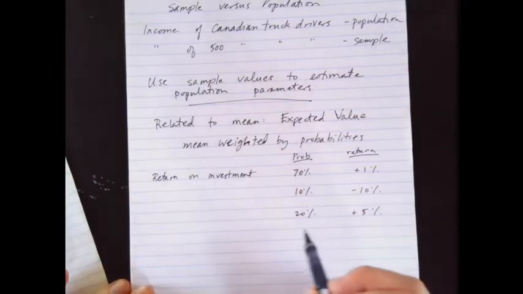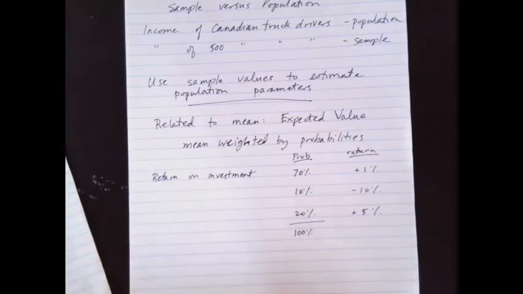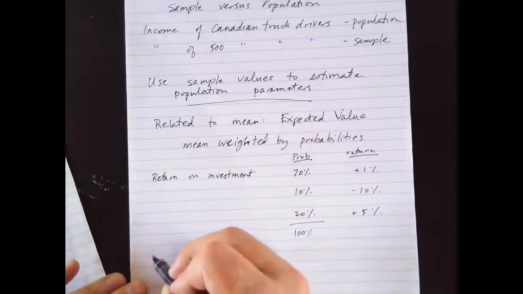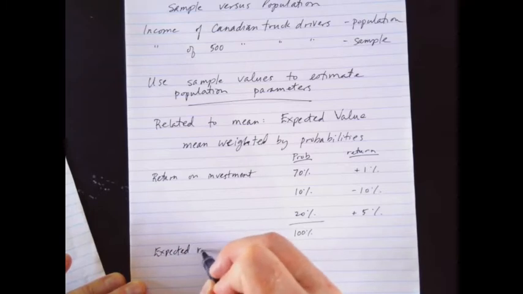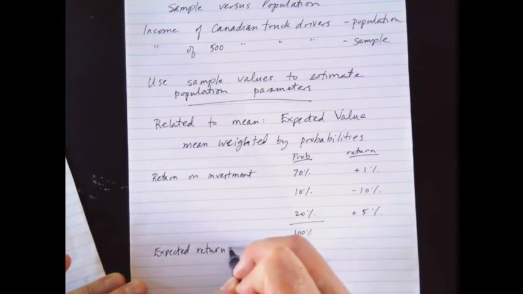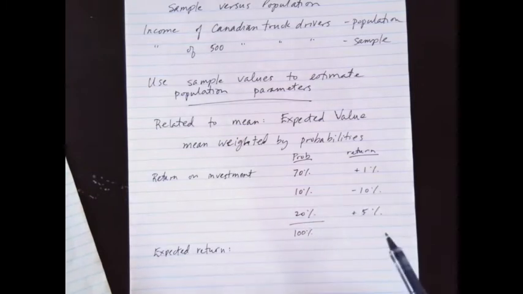So first thing, the probabilities have to add up to 100%. And that just means we have looked at all the possible outcomes. We've examined all the contingencies. So the expected return will be these individual returns weighted by their associated probability.